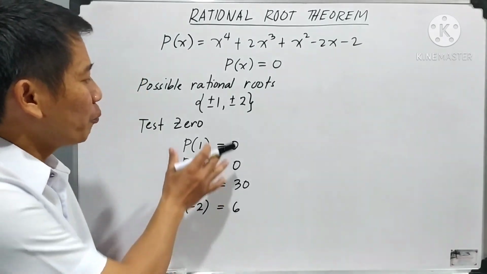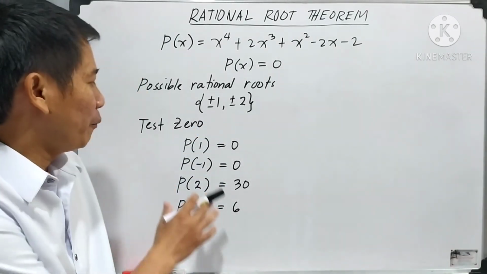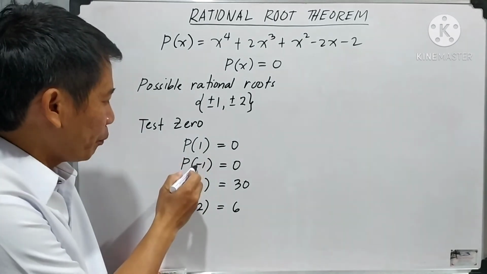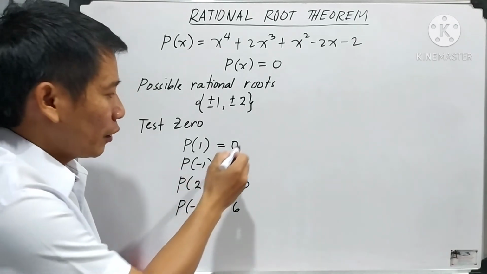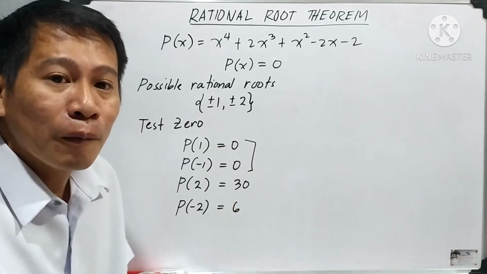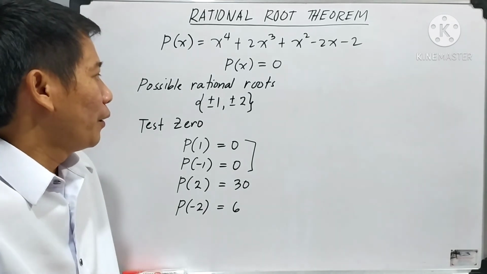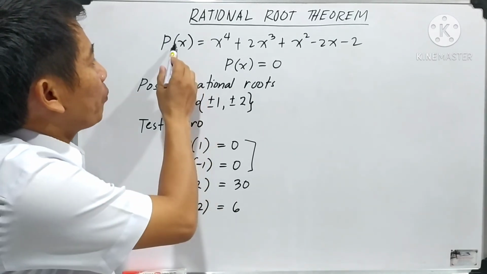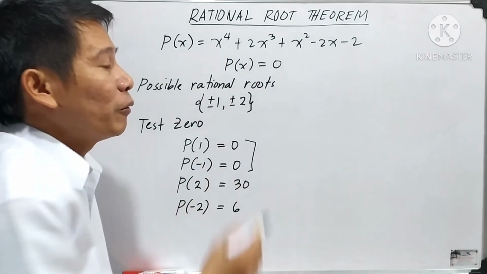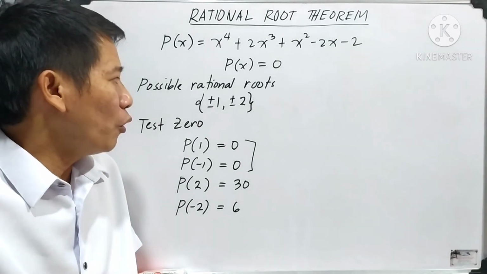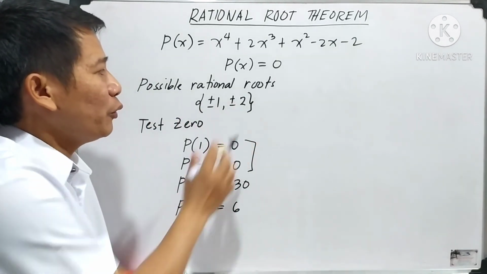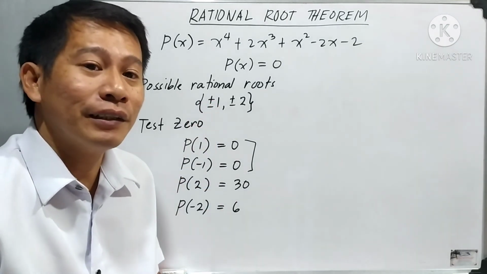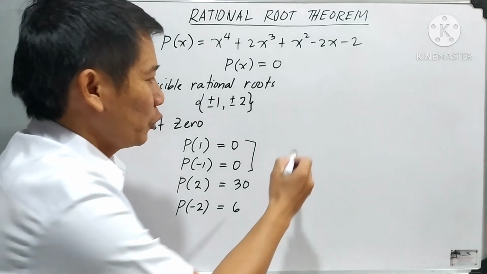Now, from our computed values from the test, observe that p of 1 and p of negative 1 are both equal to 0. Meaning, positive 1 and negative 1, each of them makes our p of x equal to 0. So in other words, among the 4 possible rational roots, positive 1 and negative 1 are considered our rational roots.